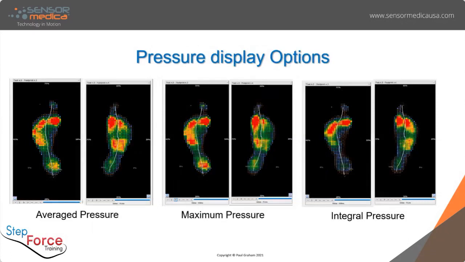The Sensor Medica FreeStep software provides these 3 data sets when we select one of the pressure views. This example is using the data of a diabetic patient's recording walking over the mat. On the left, we can see the software gives us an average pressure of the feet from the data set. The average pressure view is made up from a combination of maximal pressure or peak pressure and integral pressure, which is timing.